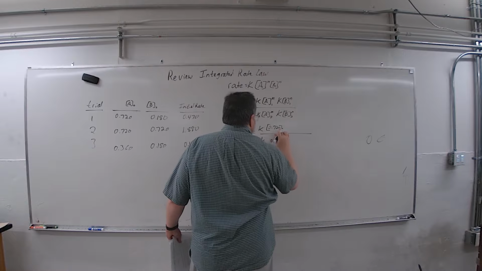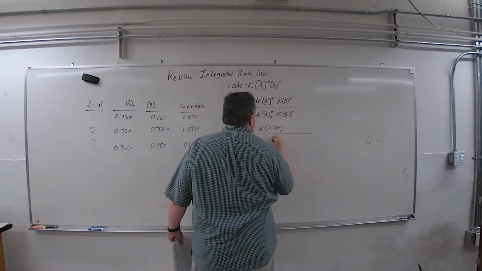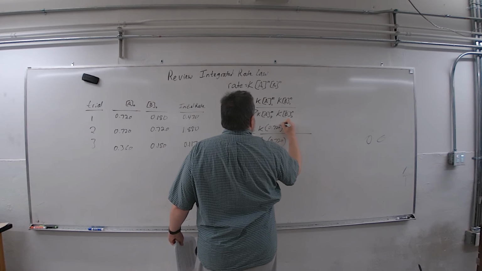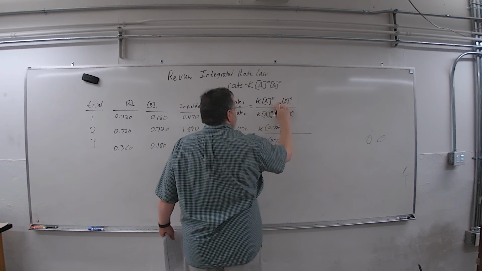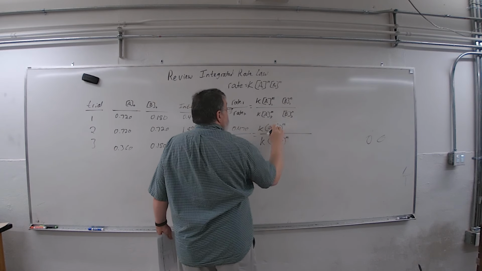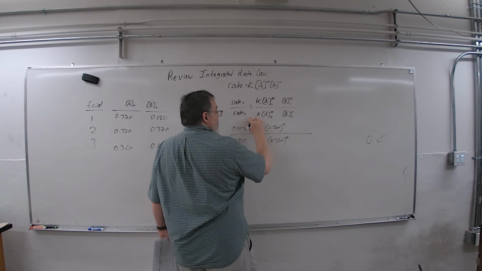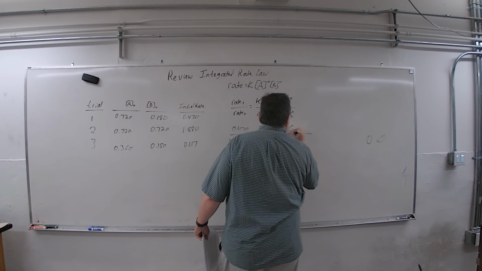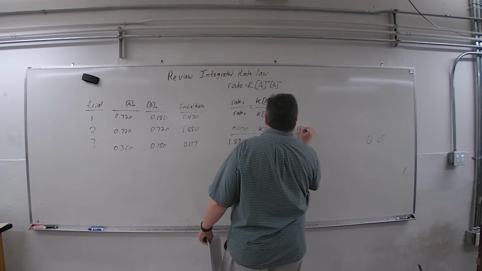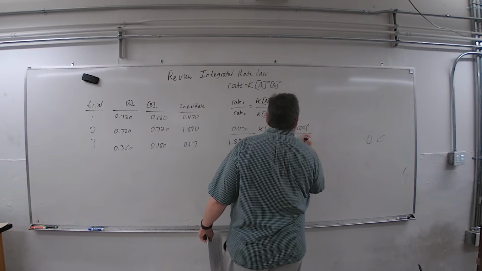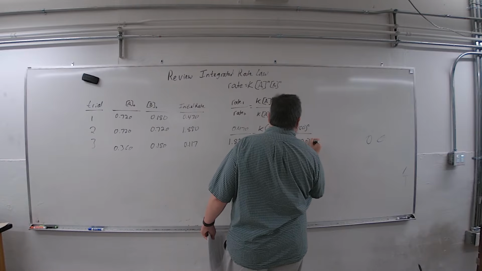Really, the brackets mean concentration, so I could start doing this now. K doesn't need to be there. That's right. So you only need the K at the front. And 1 for B is 0.180. And 0.720.